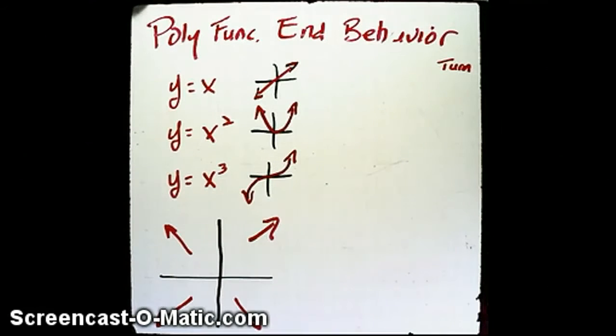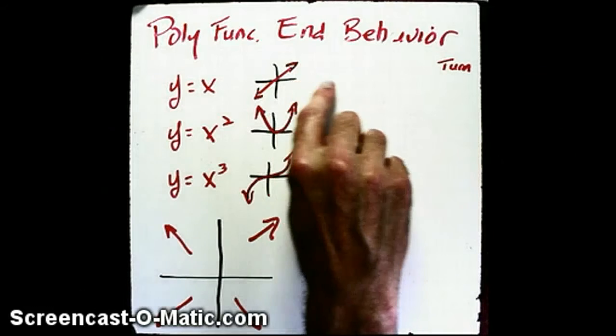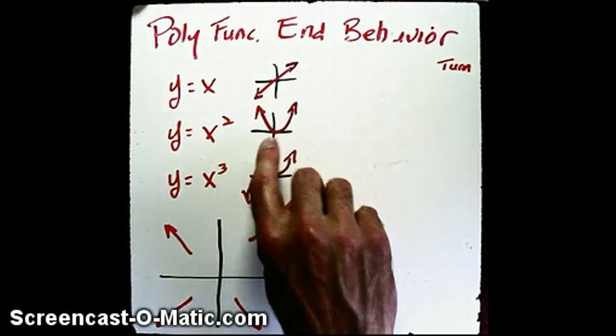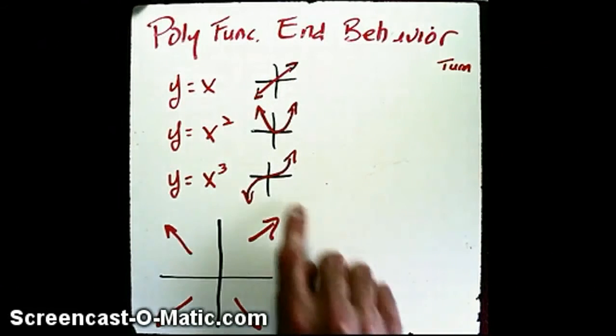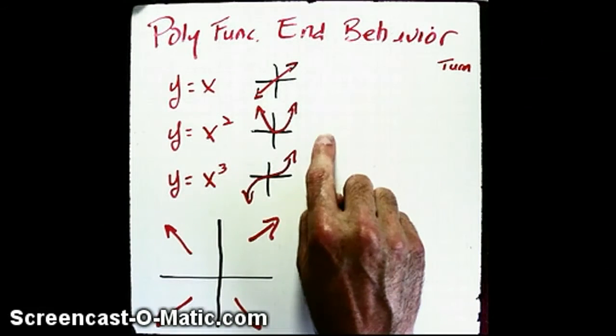Well, notice there's a couple things we could point out. The first one would be its end behavior. In other words, as x gets bigger, y gets bigger here. And as x gets further to the left, y gets bigger. How about this one right here? As x goes to the right, the curve goes up, right?